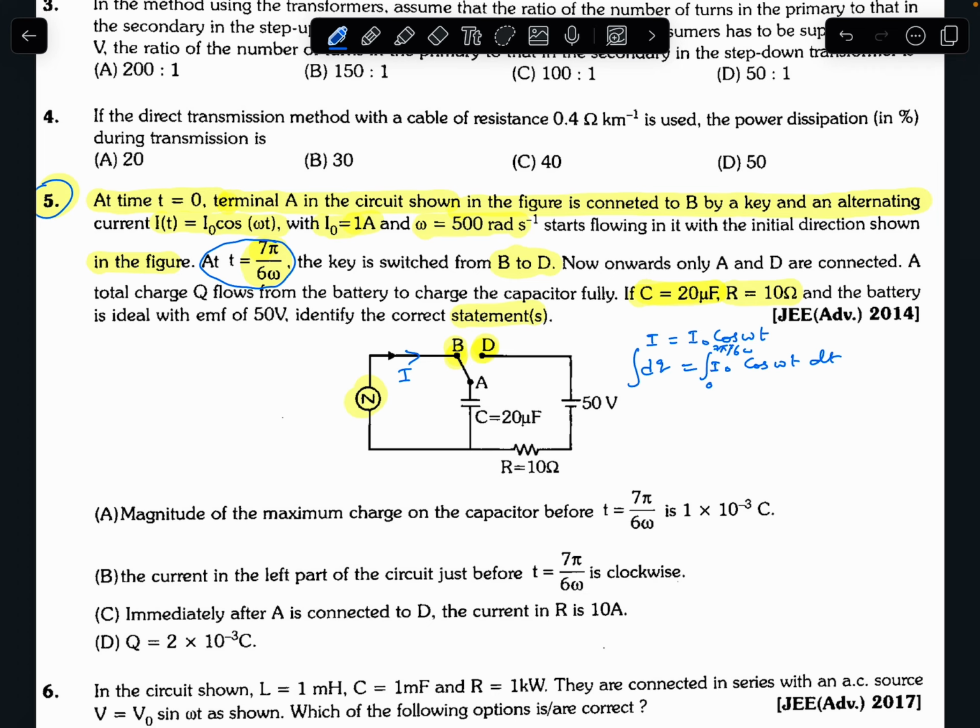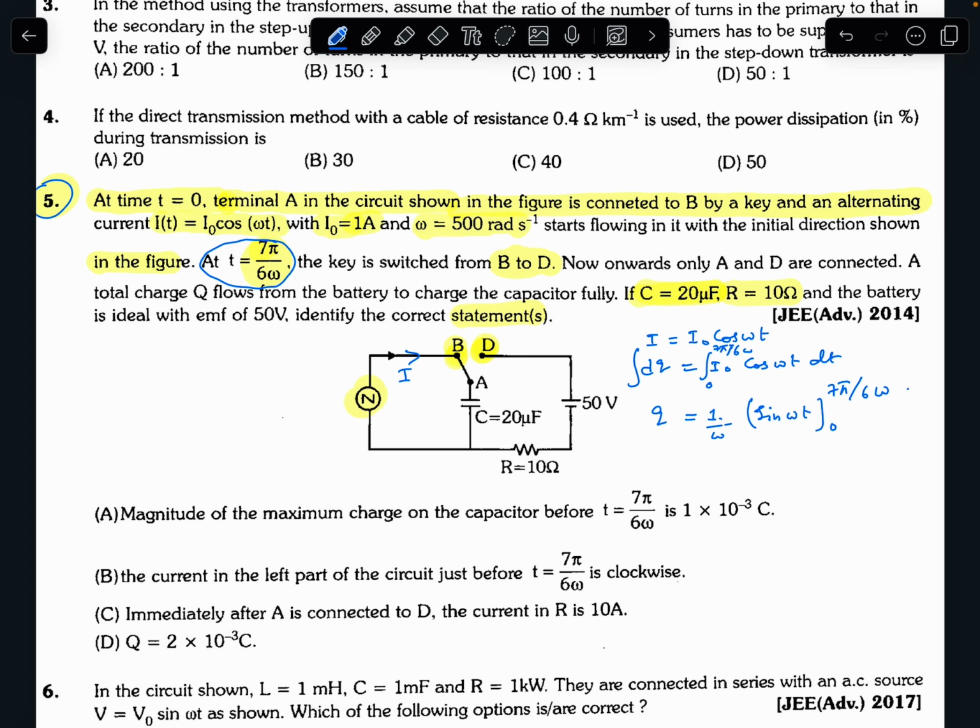So if I solve this, I get q equal to I naught, which is 1, times the integration of cos omega t, which is sin omega t by omega, from 0 to 7 pi by 6 omega.